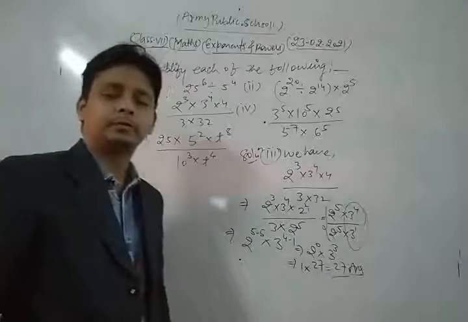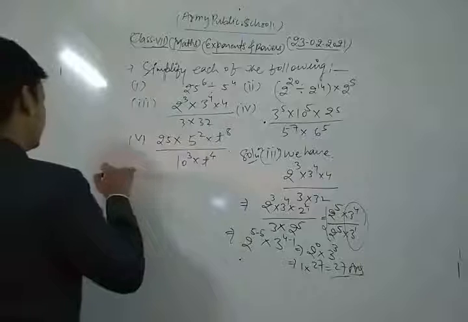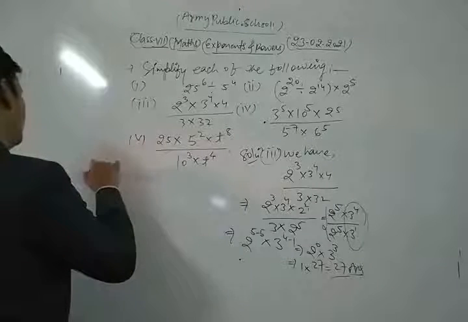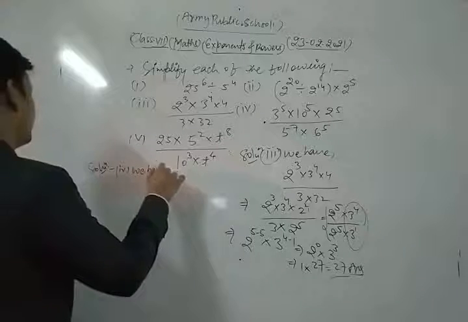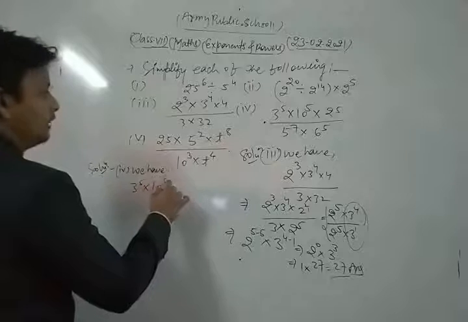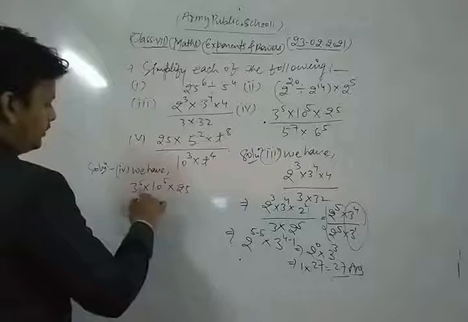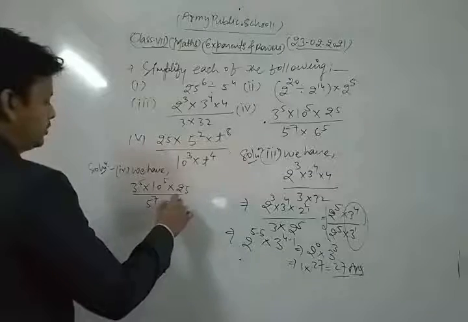Similarly, we take and solve the fourth part of this question. Let's see. In the fourth part we have 3 power 5 into 10 to the power 5 into 25 upon 5 power 7 into 6 to the power 5.